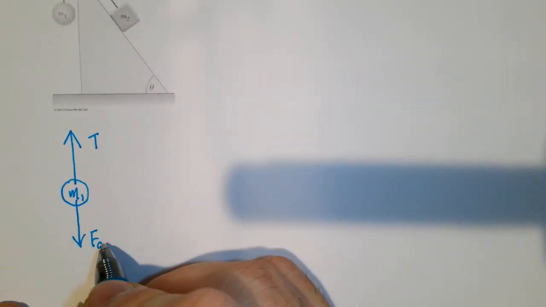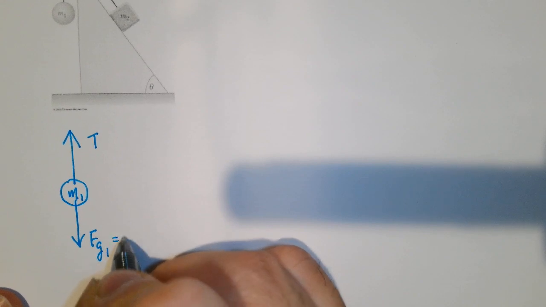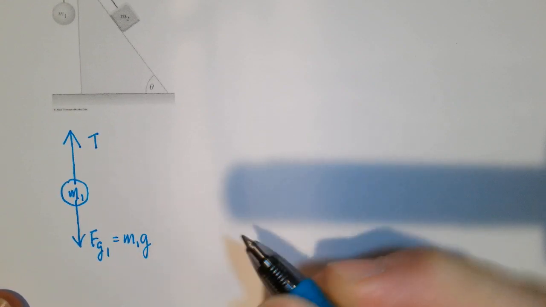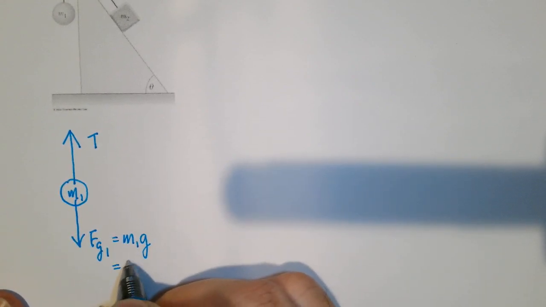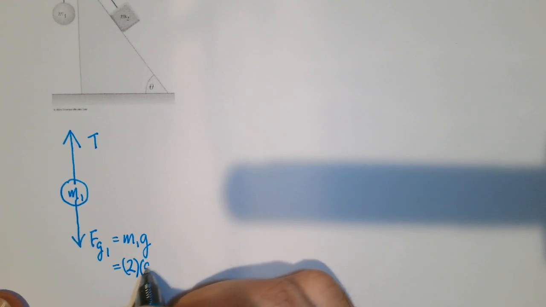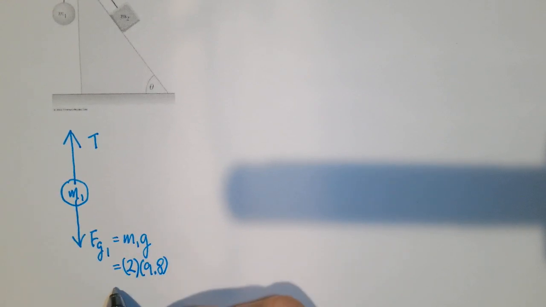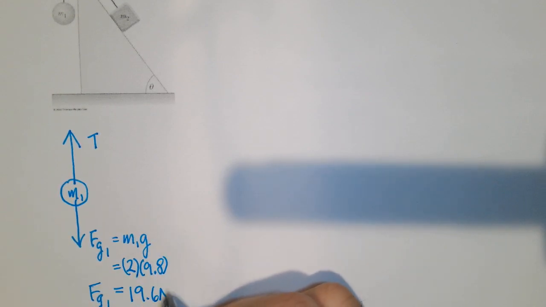My FG1 is simply M1G, which is 2 times 9.8, so my FG1 is equal to 19.6. Tension, I have no idea.